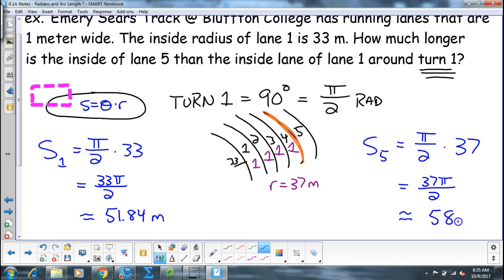So what is my final answer to the question? How much longer is the lane marker for lane 5 than it is for lane 1? 6 point what? 6.28? Do we agree with 6.28?